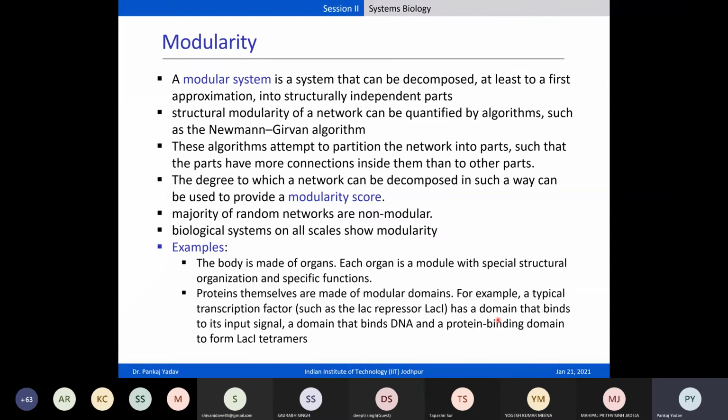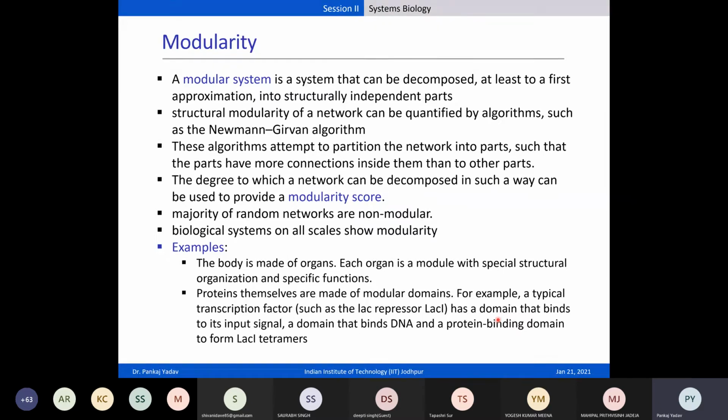A protein, as I was saying, is basically a sequence of amino acids, and within this you will find certain domains, a subset of amino acids that perform some specific functions.